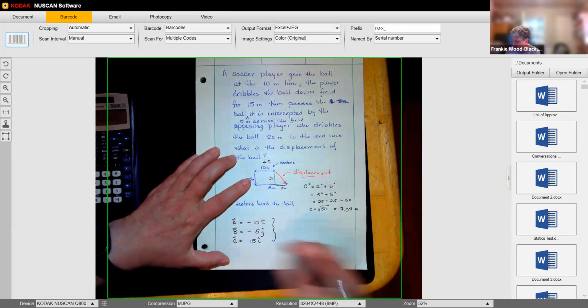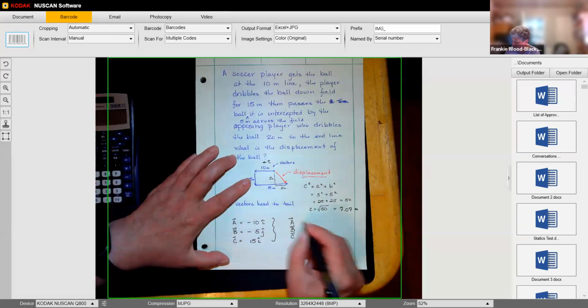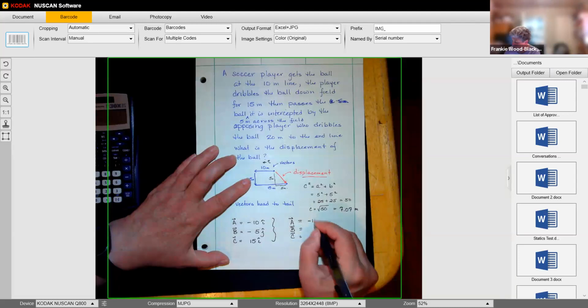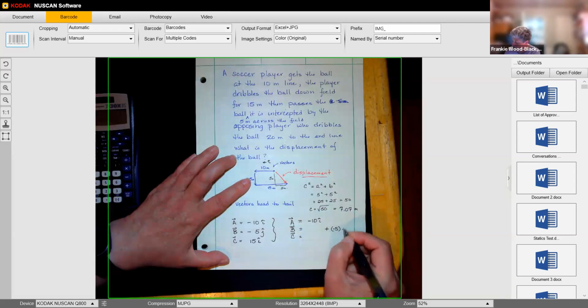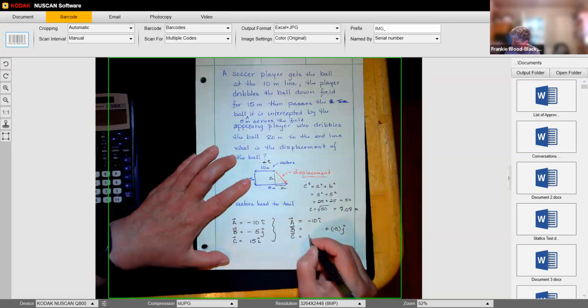I can add these vectors in our vector notation. So what I'm going to do is I'm going to rewrite this to make it make a little bit more sense. And I've got a negative 10i. I have a minus 5j, and I have a 15i.